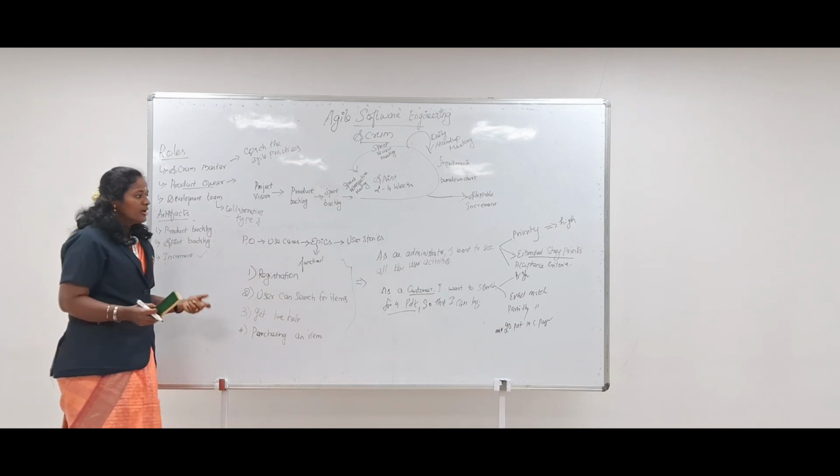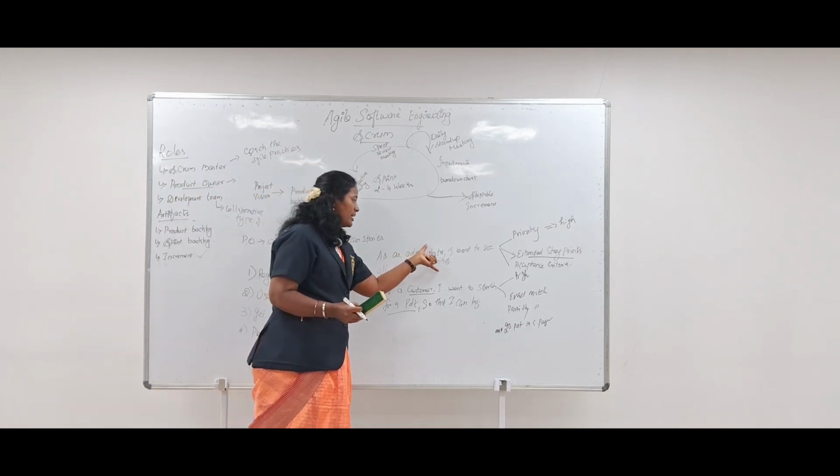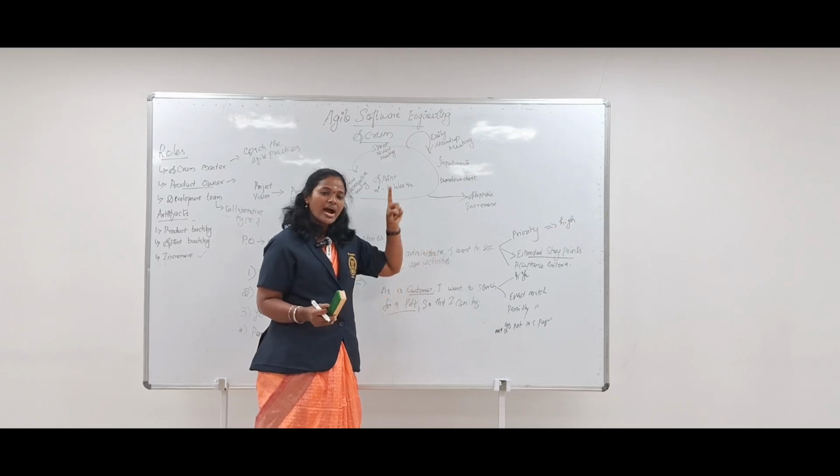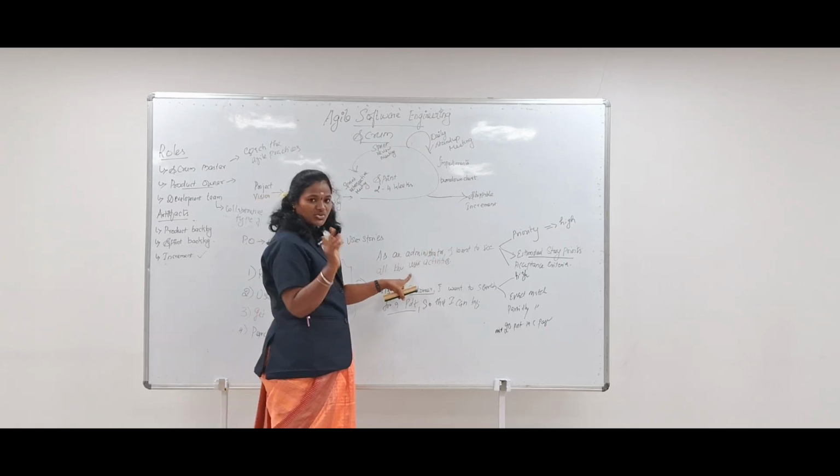What is sprint backlog? For example, the administrator, right? Let me take a simple user story, administrator registration.